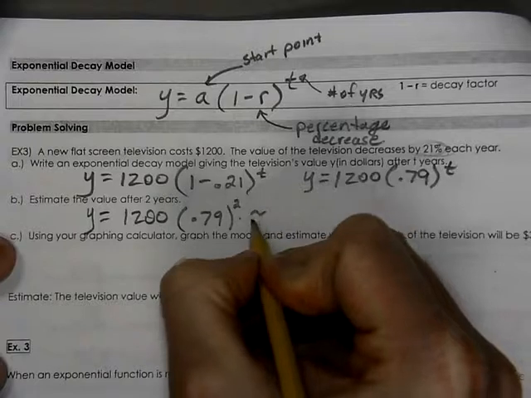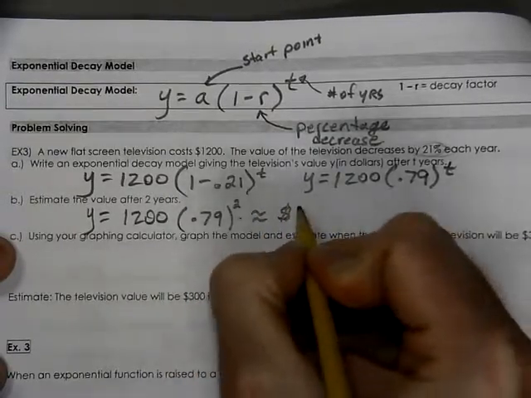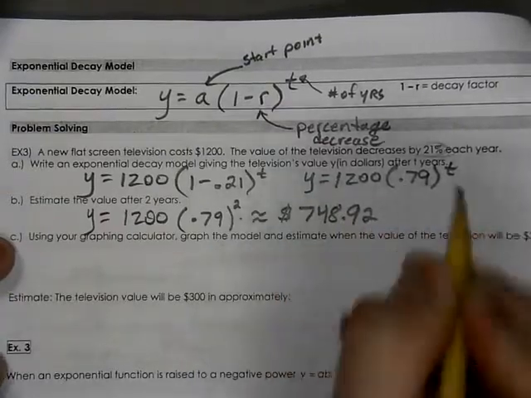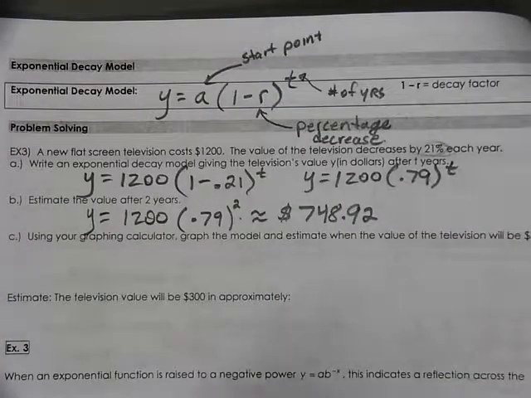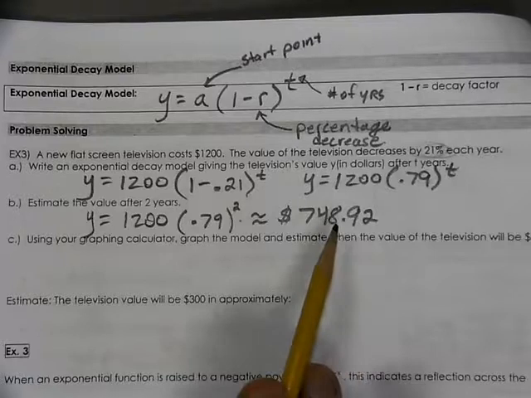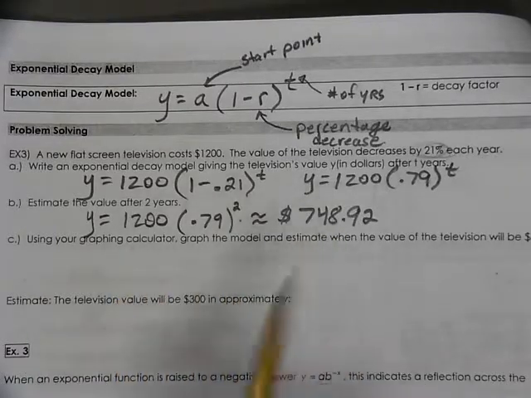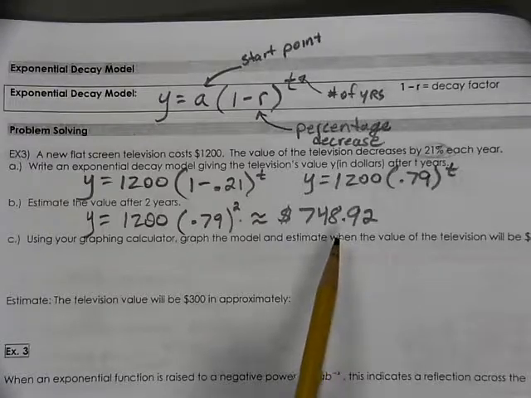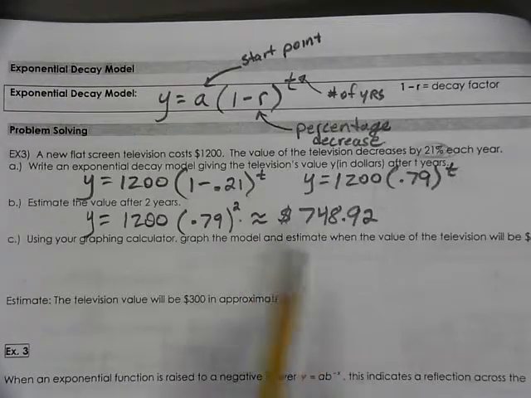That gives us an approximated value of $748.92. So we can calculate what the television is worth. If you pay more than that, then you didn't get a very good deal. If you paid less than that, then you got a pretty good deal.